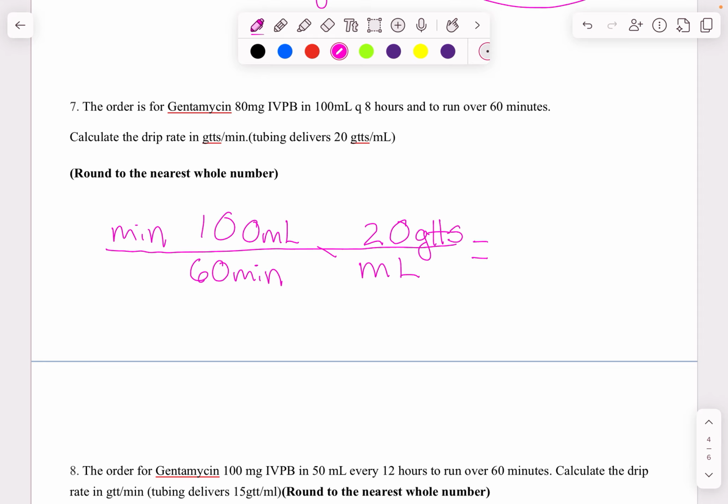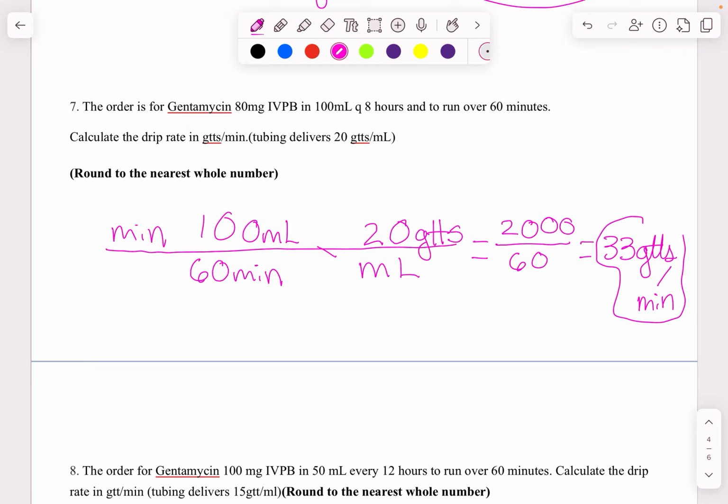And now we're ready. So we got 2,000 there, and then 60 on the bottom. And that gives us 33 drops per minute. And that is our answer.